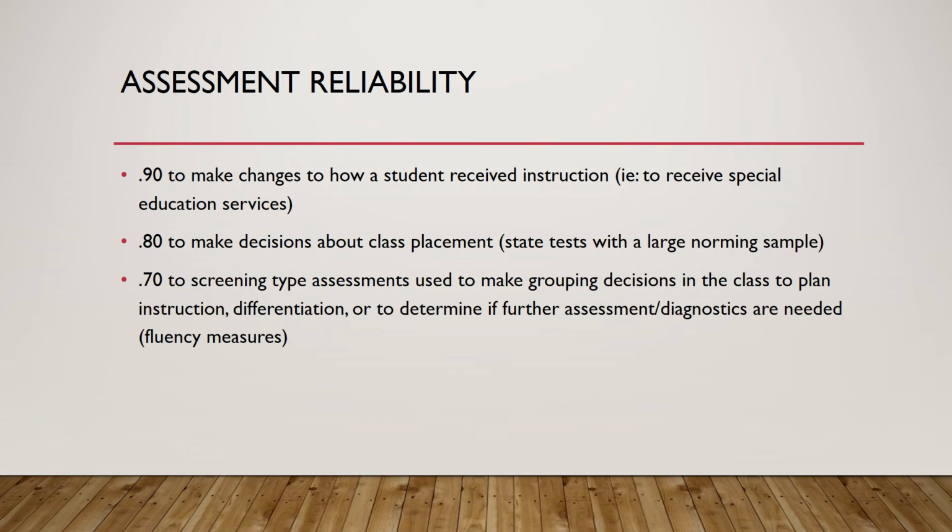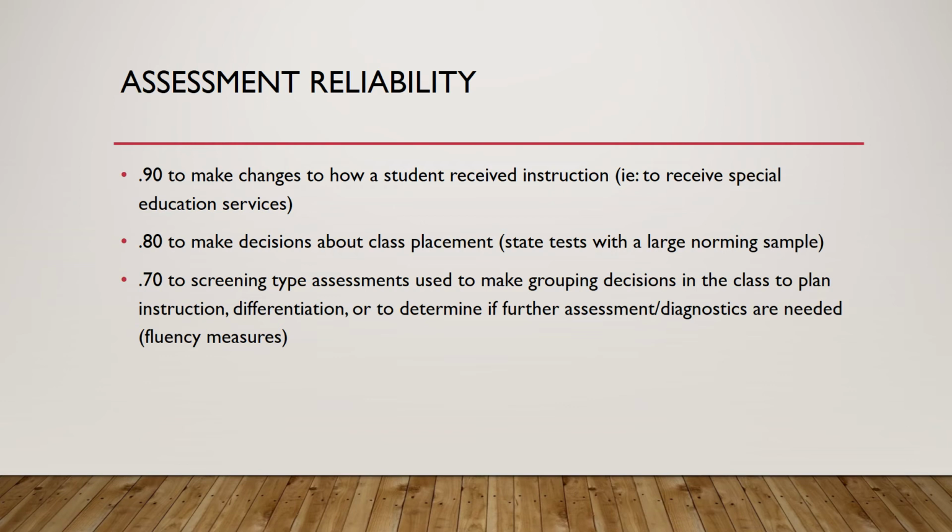The second category there, and it is not as common, there are few assessments that actually fall into this category, is a 0.80 reliability. When you're looking at assessments that are going to help you make decisions about class placement, for instance, like your MCA tests or your MAP tests, I know in our district, when we look at gifted and high potential programming, we look at the Lexile scores for students in those types of assessments.